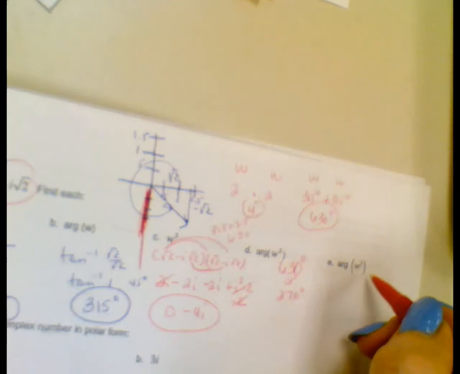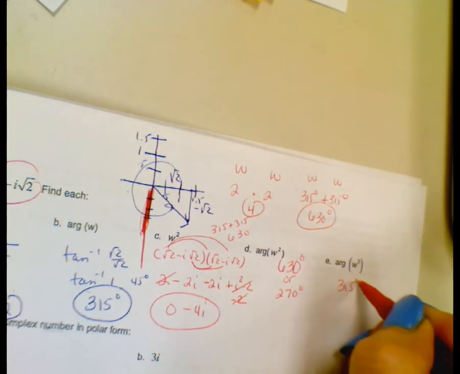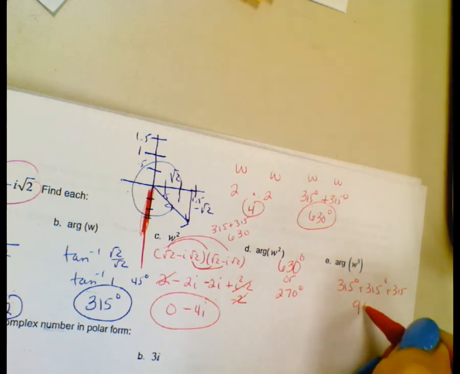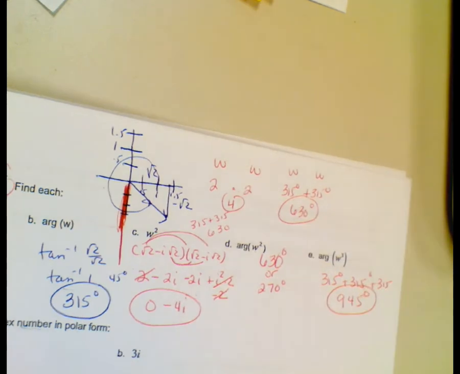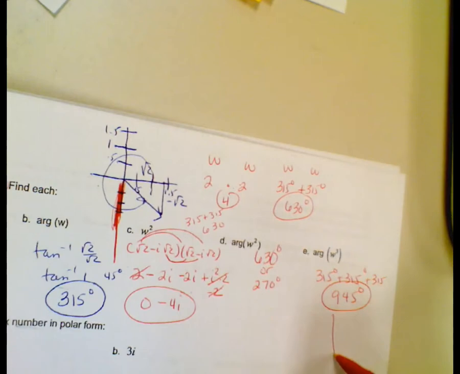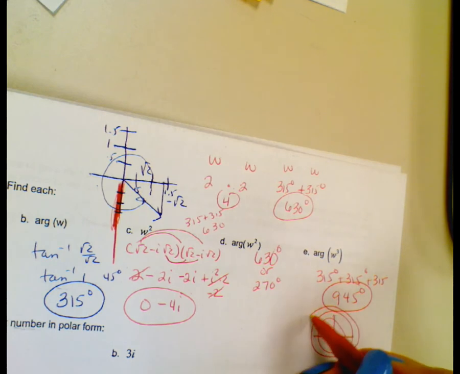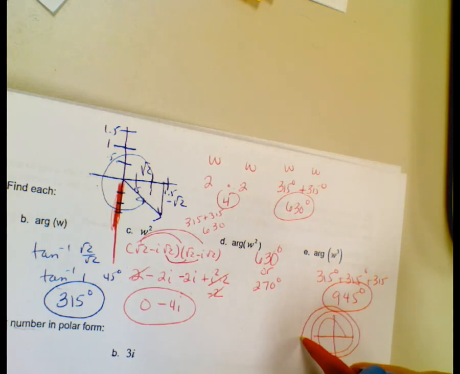So the argument of W cubed would be 315 plus 315 plus 315, for a 945 degree angle. Now, where is that at? Let's see. This is 360, 720, 810, 945.